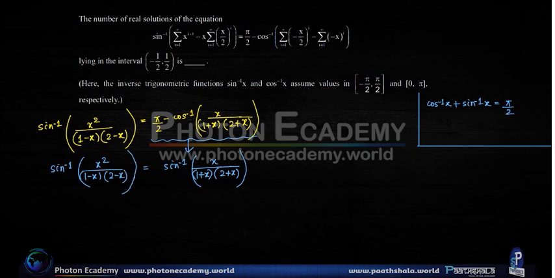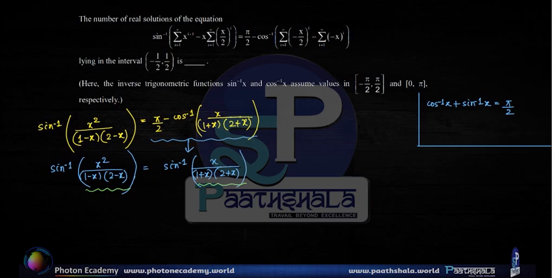To find the solution, we equate both the quantities which we have in bracket, which is this.